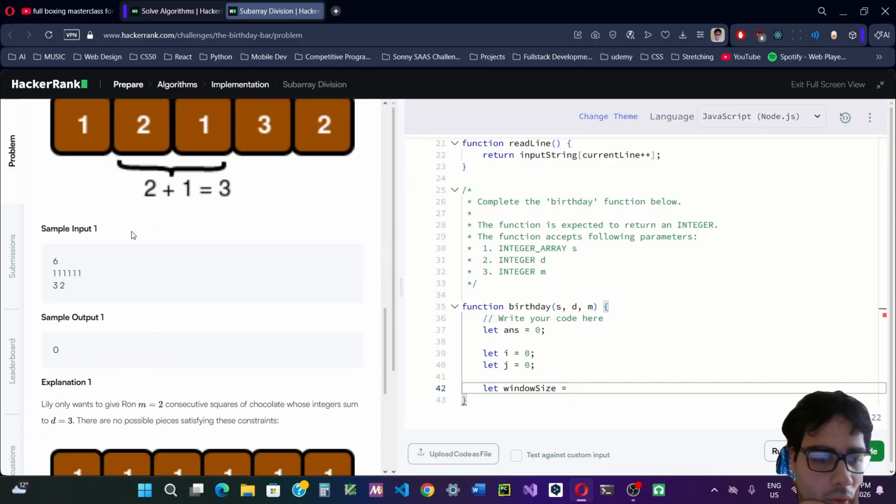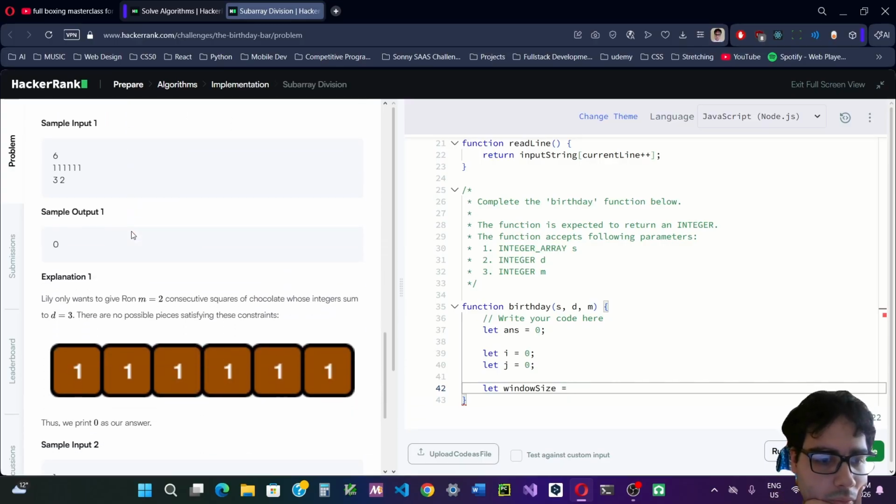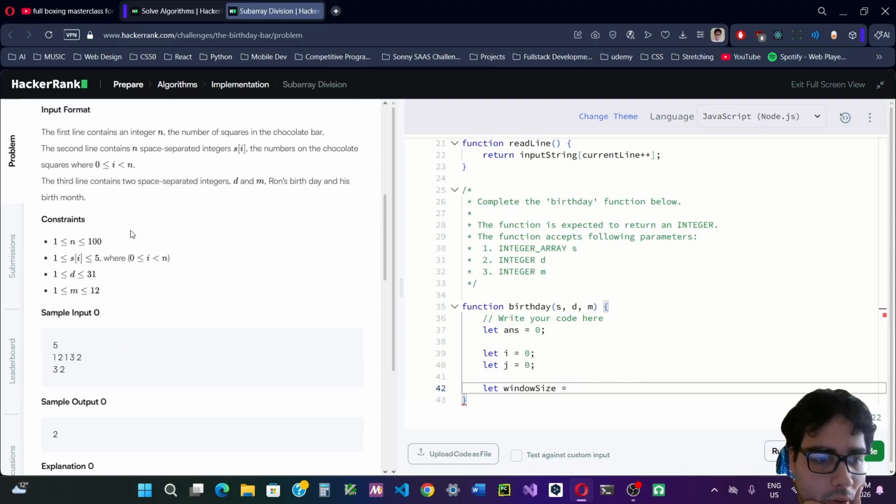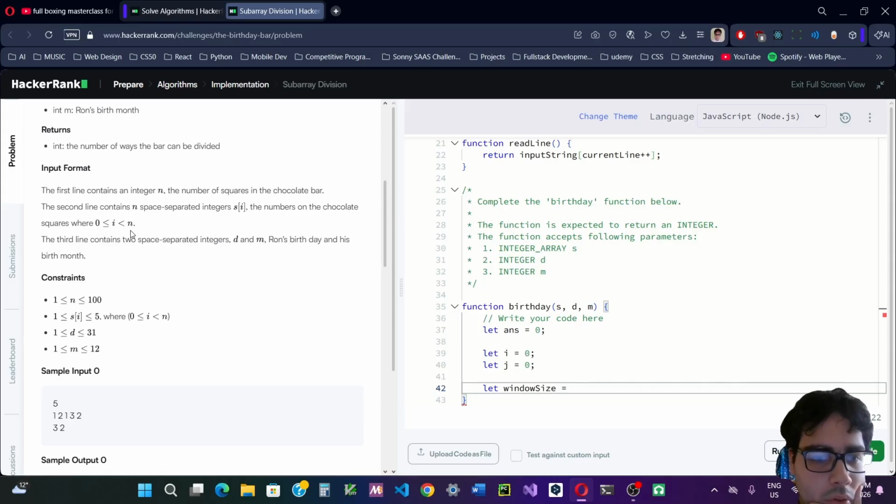Okay, what is the size of the array? The chocolate squares, it's 1.